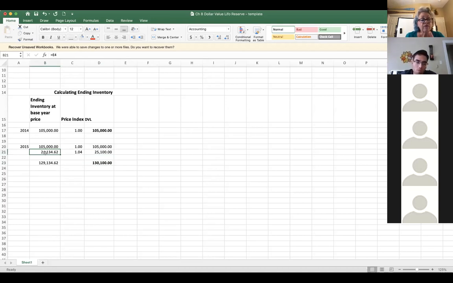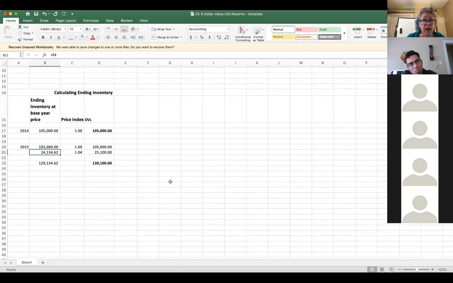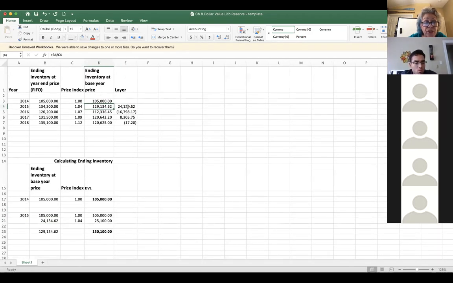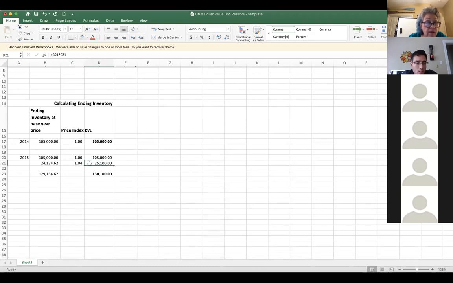Okay. The reason is this 24,000 represents the increase in inventory that I had at quantity, but at base year price. Because remember, this difference was based on the change in base year price. So this is the quantity that I added in 2015, but at base year price. So the difference between 24,000 and 25,000 is just inflation. Right, right.